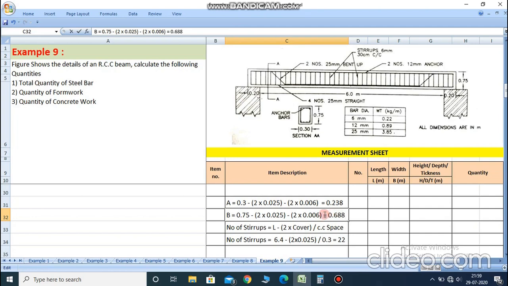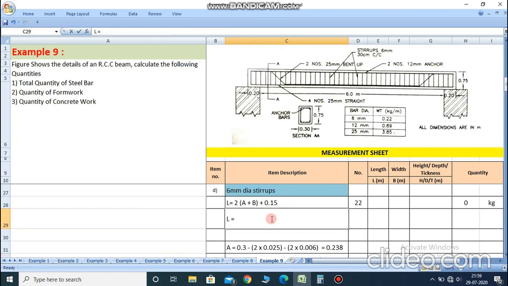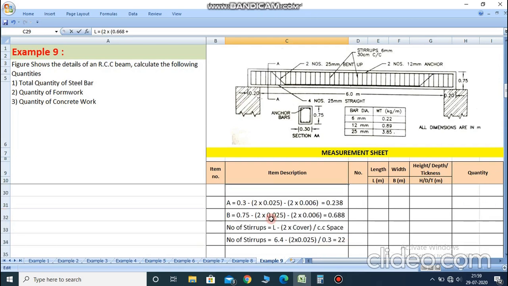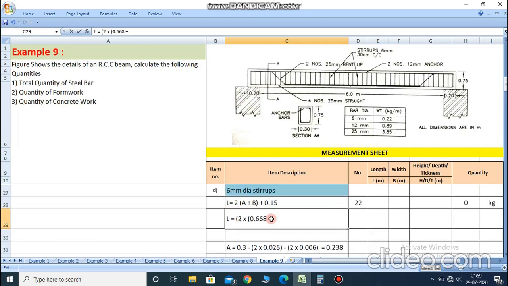So all the values of A and B we write here: 2 multiplied by, in the bracket, 0.688 plus 0.238, plus 0.15.